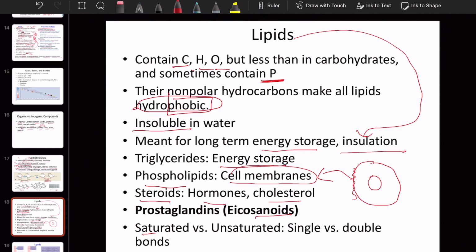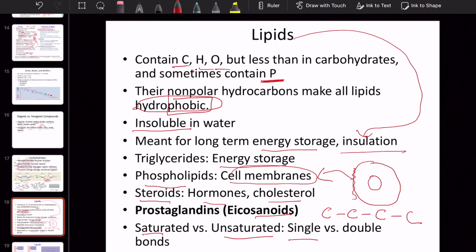They can be saturated or unsaturated. Saturated is a single bond. Like I mentioned, lipids, carbohydrates and everything organic are made with carbon. So think about it, this is a carbon chain.